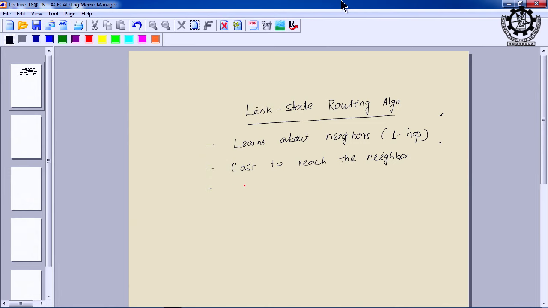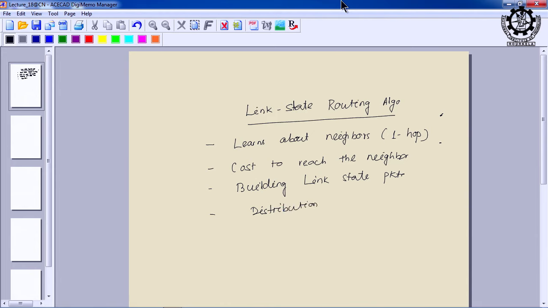Then the third one is building the link state packets. Fourth, after building these link state packets, distribution of the LS packets takes place.